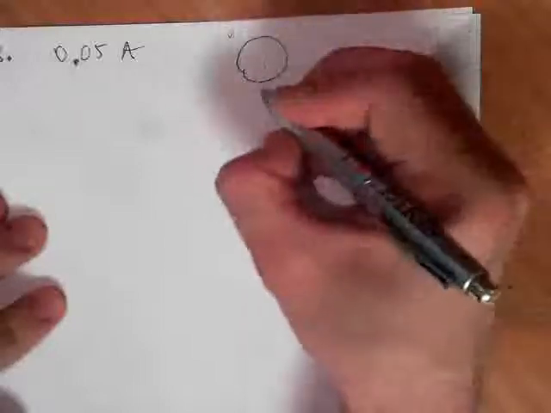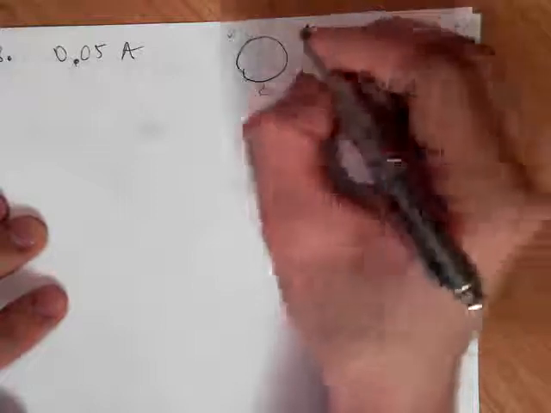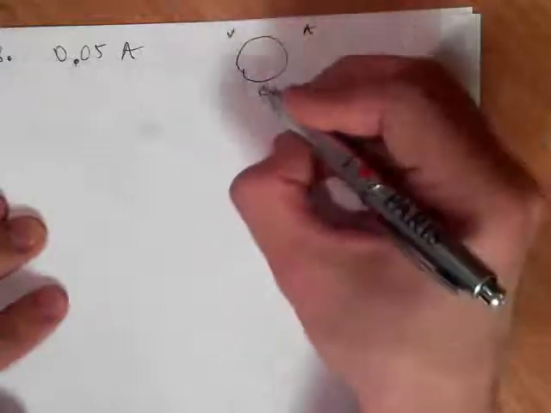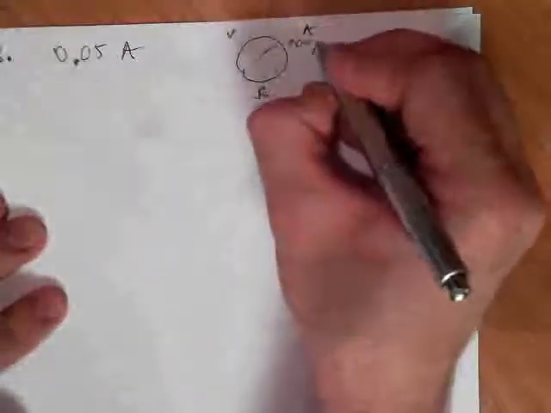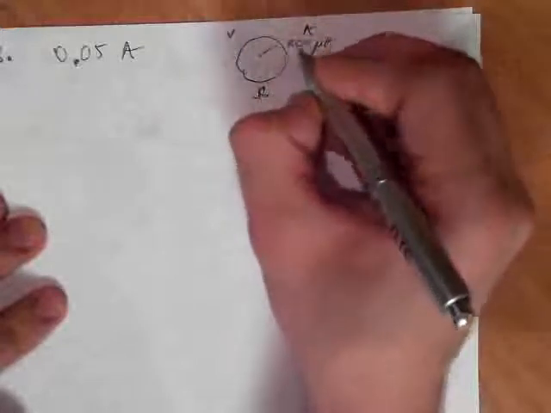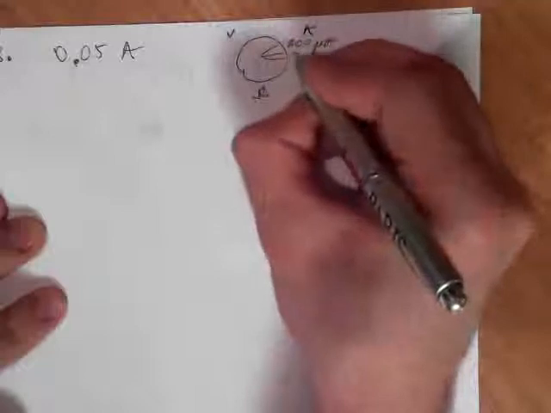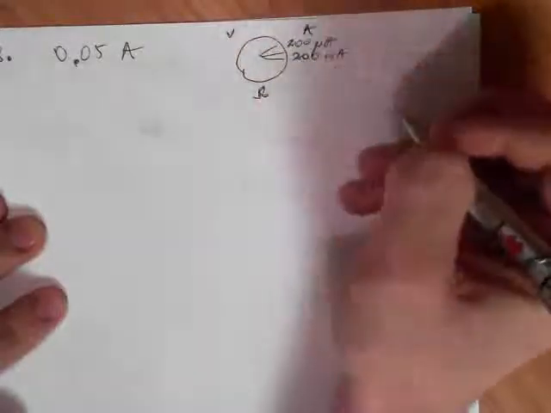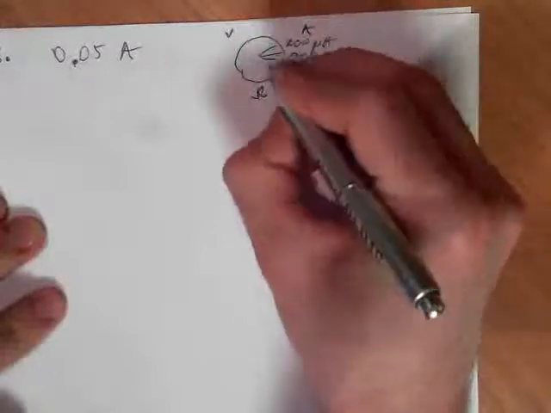Here it was voltage in volts, here resistance in ohms, and here current in amps, and there was like 200 microamps, like 200 milliamps, then maybe 1 amp and 10 amps, something like this.